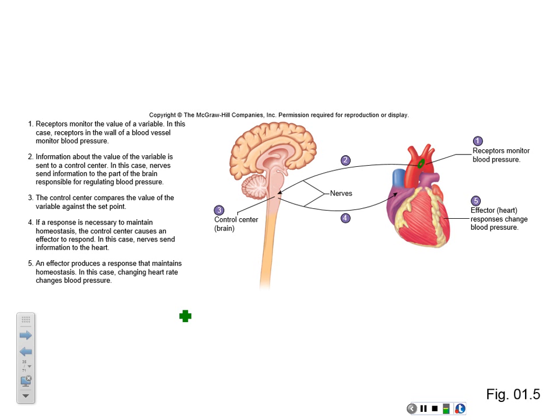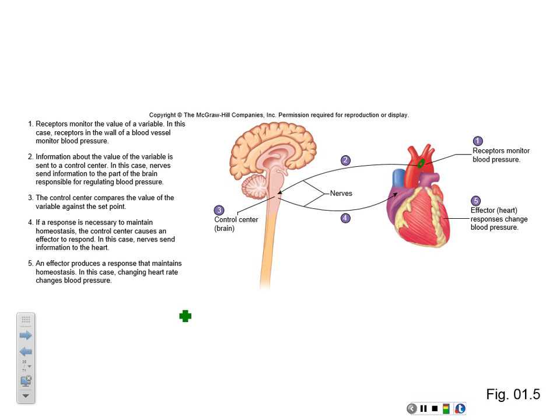So if the pressure goes up or goes down, let's say in this case the pressure goes down, your blood pressure goes down due to some event. Then that information is relayed to the control center.